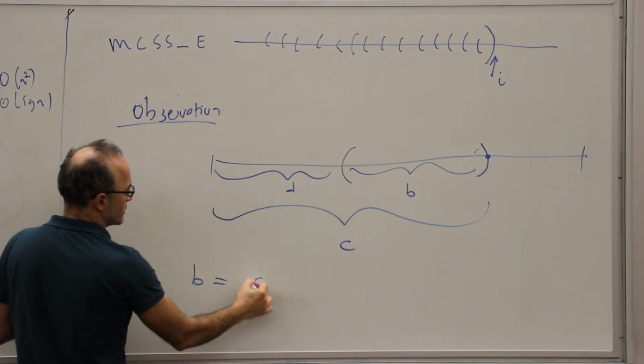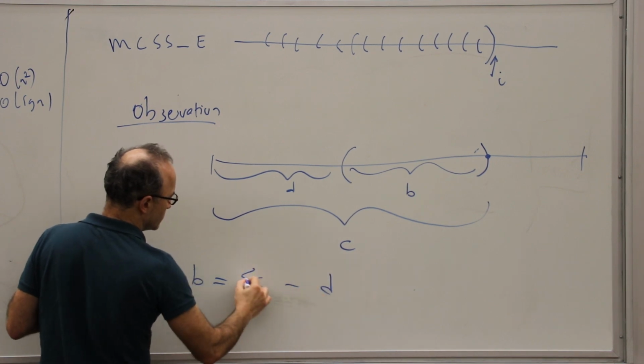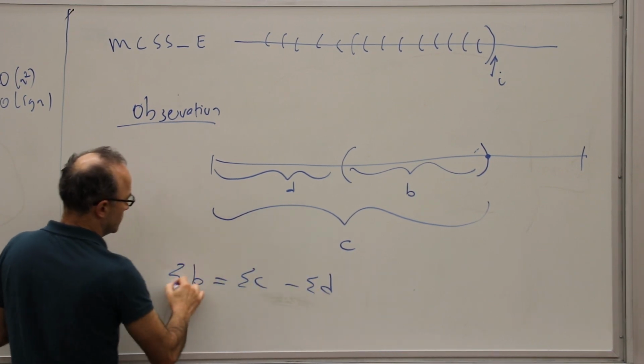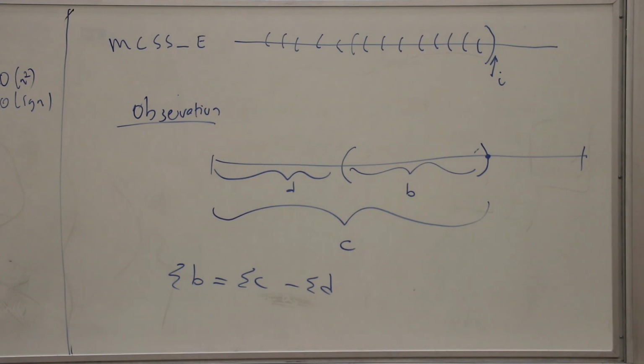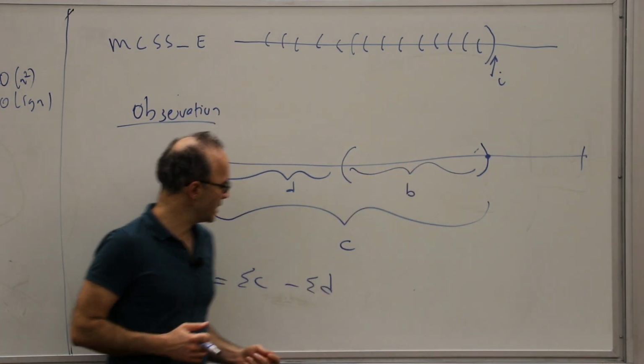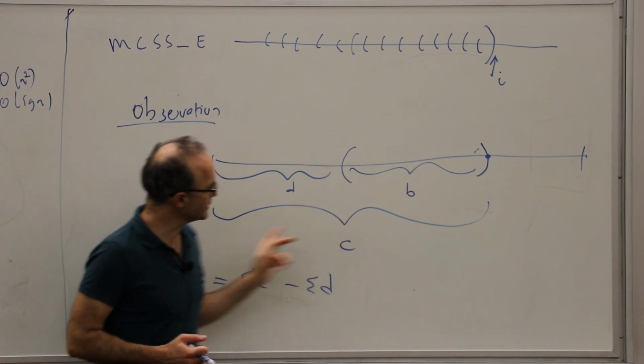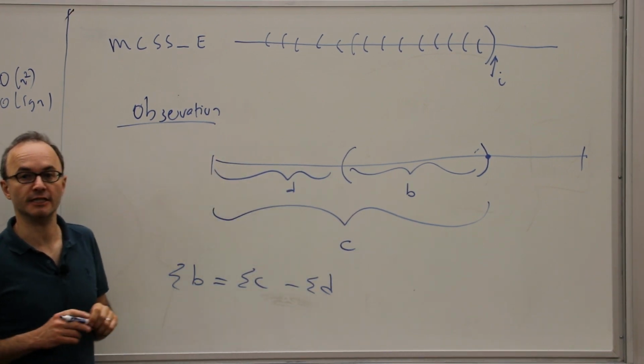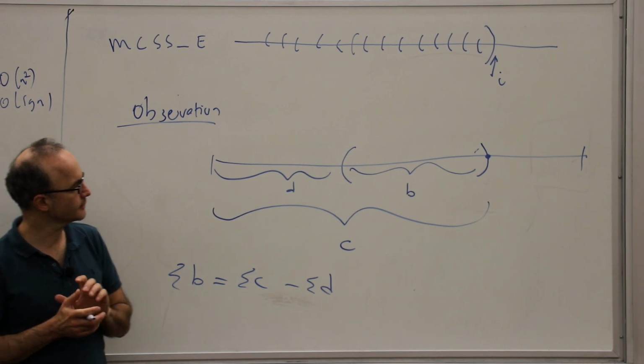B is C minus D. The sum of the elements of B is the sum of the elements of C minus the sum of the elements of D. Okay, that's excellent.